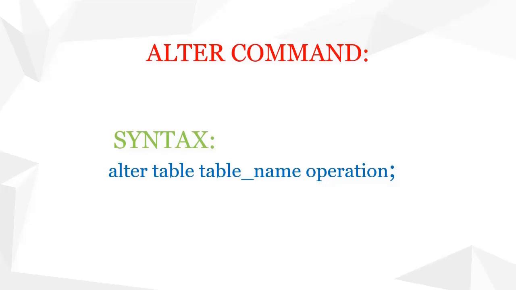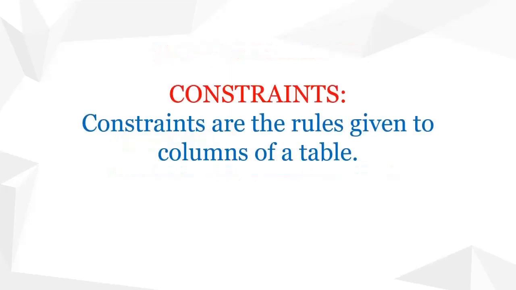Before getting into the examples of alter command, let us learn about constraints. Okay. So that we can also provide constraints to our tables. Okay. So let us get started with our constraints. Okay. Constraints are the rules given to the columns of a particular table.